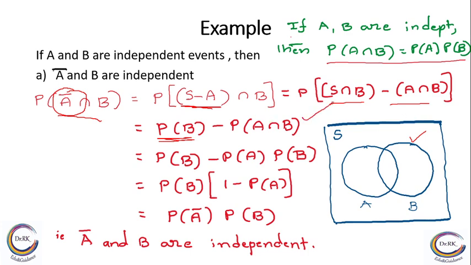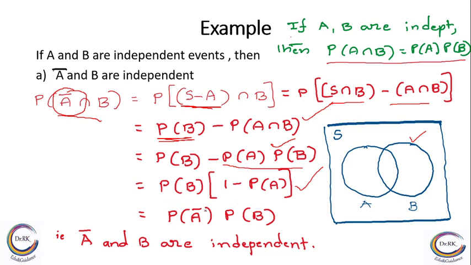Now we know P of A intersection B is nothing but P of A into P of B, because A, B are independent events. Now we'll take P of B common. If you take P of B out, then 1 minus P of A, which we know is nothing but P of A bar.